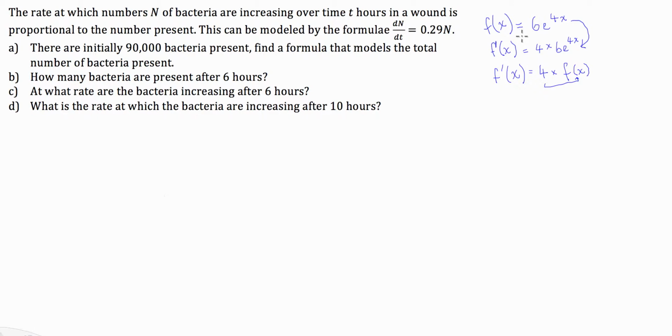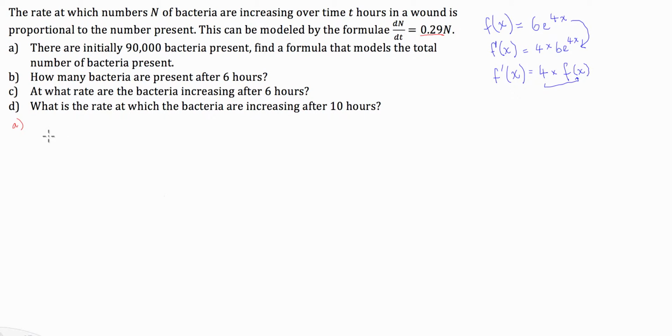So if we get back to the question we're being asked to solve, we'll start with A. There are initially 90,000 bacteria present. Find a formula that models the total number of bacteria present. Using this relationship that we've derived here, we can see that the coefficient in front of the variable is going to be 0.29.